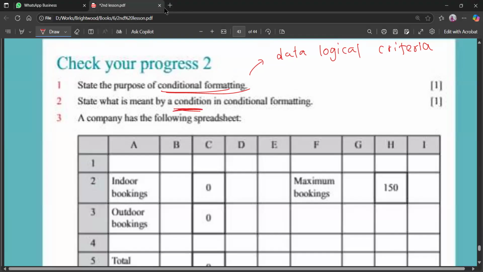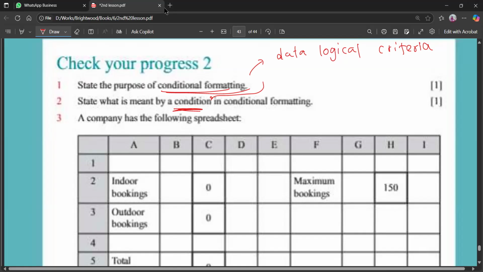As previously said, there should be a condition with the logical format. What is the condition? For example, it can take the maximum number, or it can take the least number.